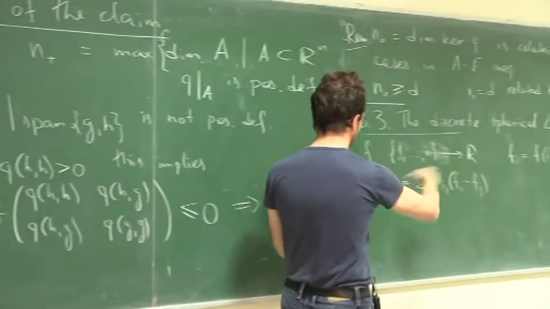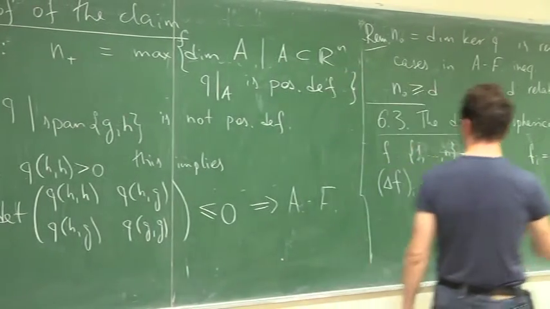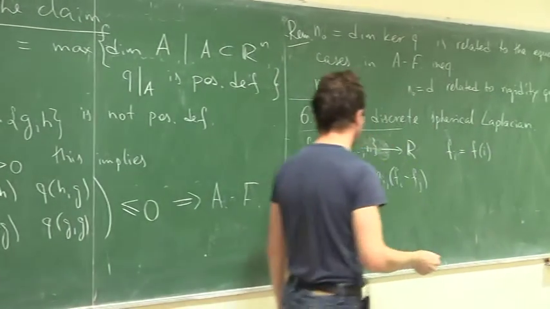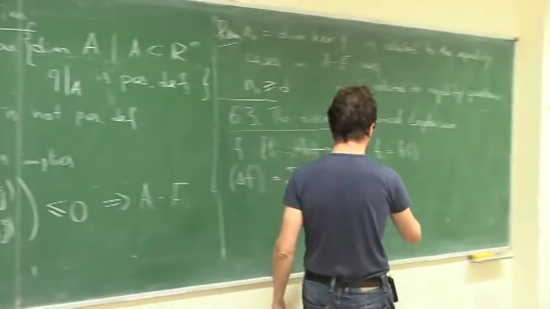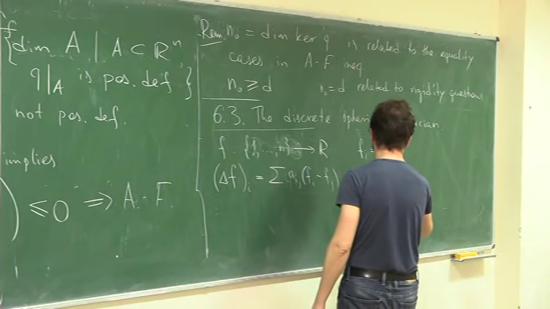Something like that is called a discrete Laplacian if a_ij are bigger or equal to 0.